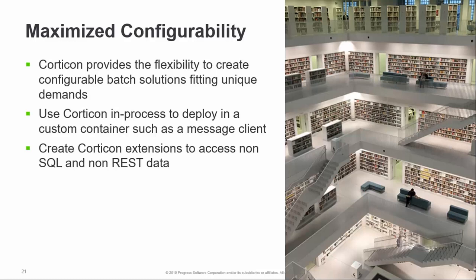Those are just thin layers, a REST layer or SOAP layer, around the core server. If you have cases where latency is critical, or you're just trying to get Corticon closer to the data, you can put it in process, and we have plenty of customers that do that. And we're going to give you an example of a customer that's built a very customized or highly configured solution for doing batch processing by taking advantage of that.